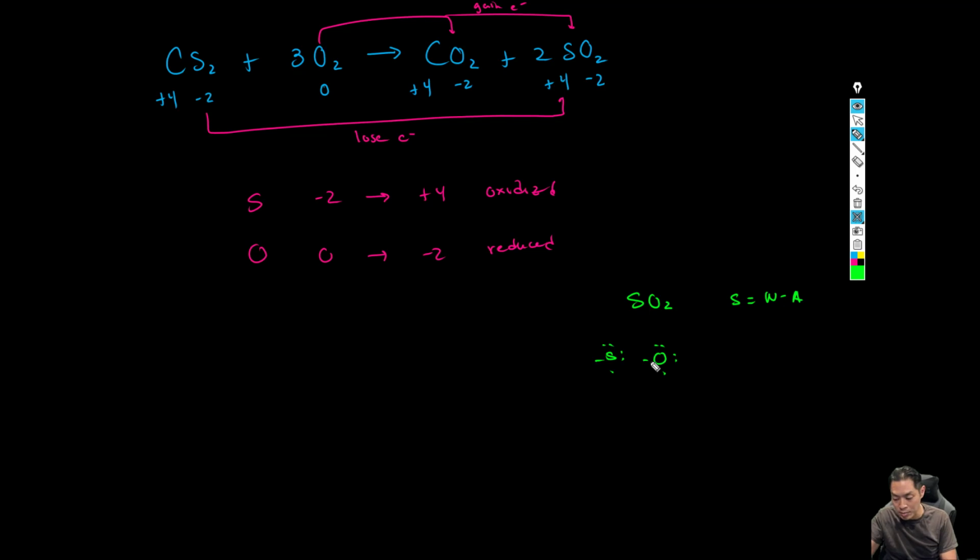We just did SO2 2-, but this time we're going to do SO2 neutral. So we have 3 atoms, and they want to obtain an octet, but they actually only have 6. So 3 times 8 is 24, 3 times 6 is 18. So we're going to share 6 electrons or 3 bonds.